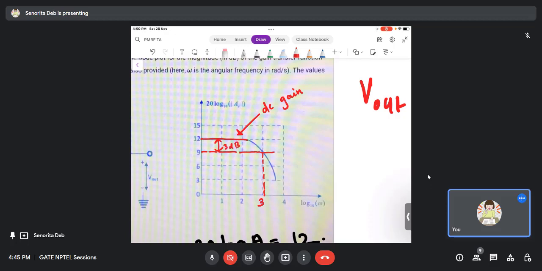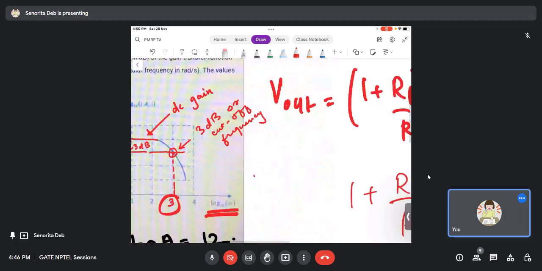At 3 dB down, that frequency is the 3 dB or cutoff frequency. And the cutoff frequency is decided by whatever components you have put in your circuit, the R and C. So now this 3 is nothing but log 10 omega. That also they have mentioned. So log 10 omega is nothing but 3. This means omega is 10 to the power 3, which is 1000 radian per second.